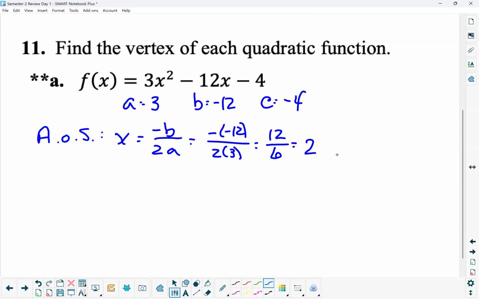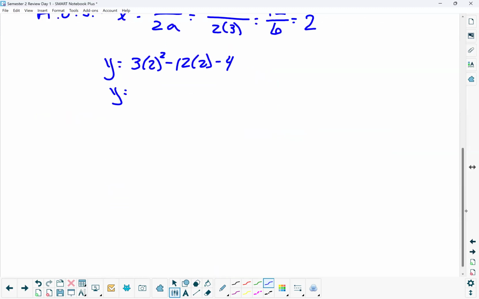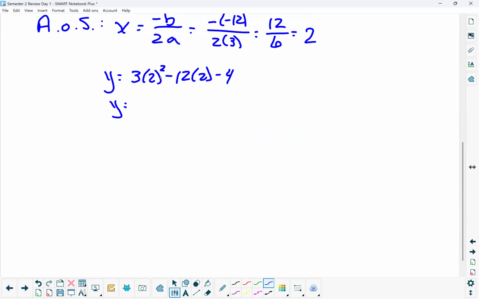To find the y-coordinate, I take that 2 and I plug it in for x. So my y-coordinate is going to be 3 times 2 squared minus 12 times 2 minus 4. Remember your order of operations. So we have to square the 2 first. 2 squared is 4.